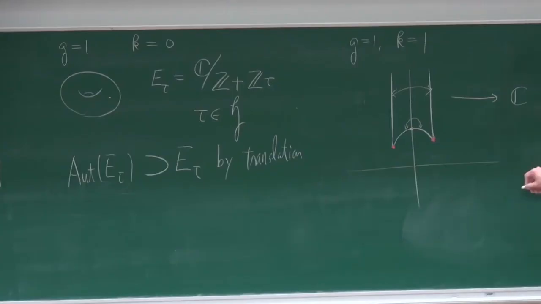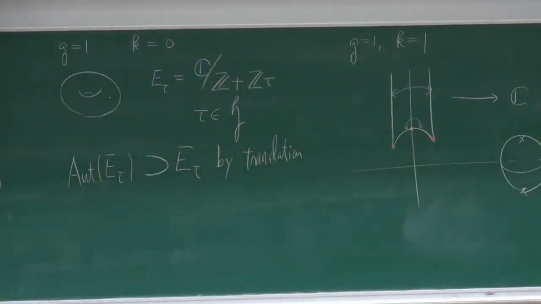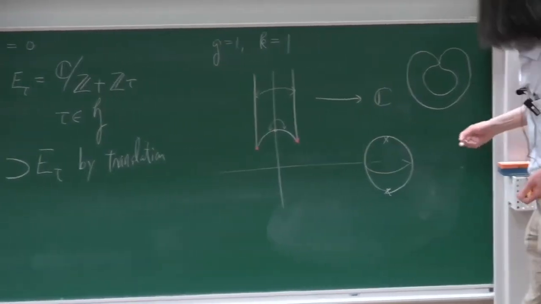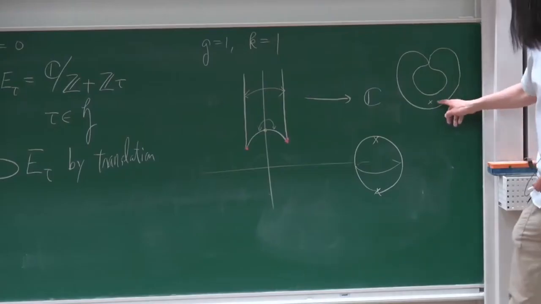So I have a P1, and then I take two points, say the north pole and the south pole, and identify them to a point. In a local model, I put it in this way, making it a nodal point. And here I may take one point somewhere, and then this has no automorphism, because you have one point here.